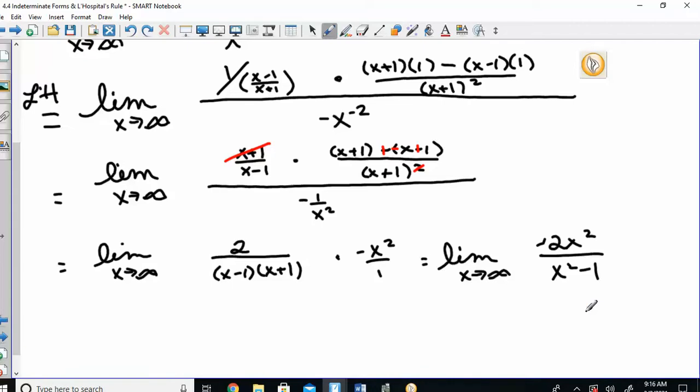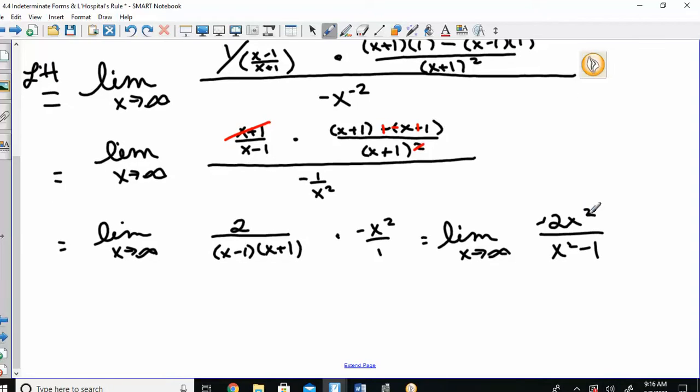Have I lost anything? We've done a lot of algebra right there. If I plug in, what do I have? Negative 2 times infinity squared is infinity. Infinity squared minus 1 is infinity. So it's still infinity over infinity.